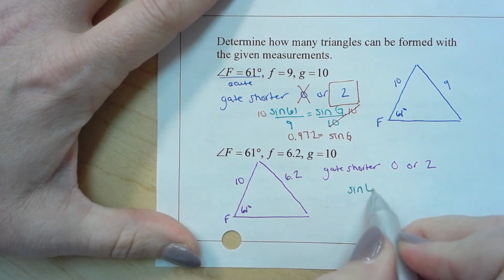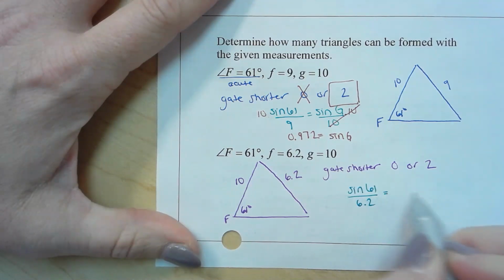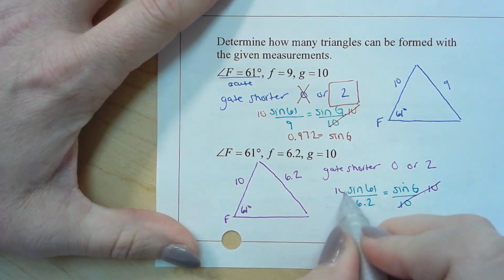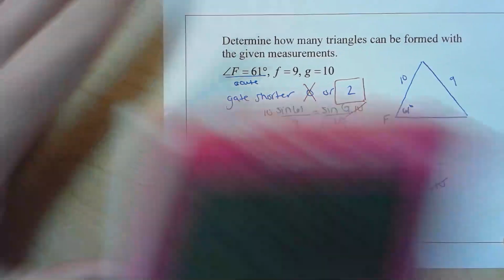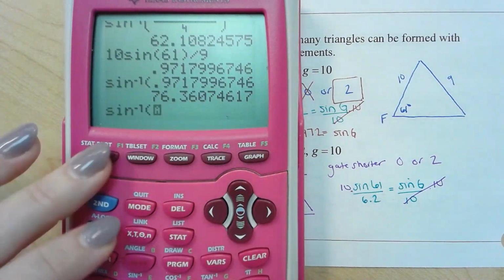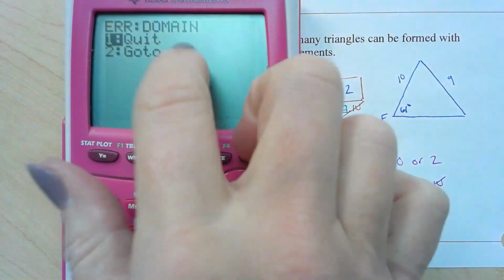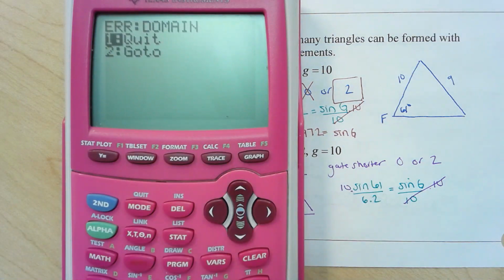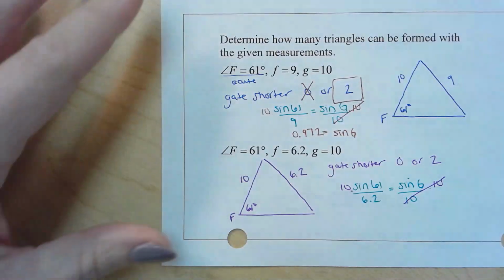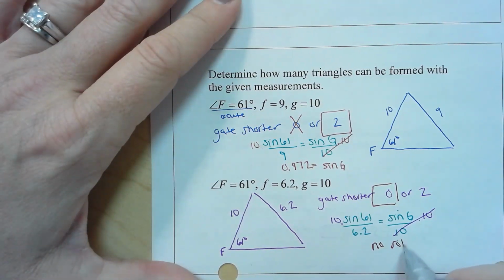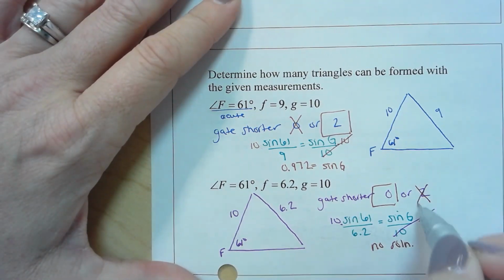I'm going to say the sine of 61 over 6.2 equals the sine of G over 10. And so I'm going to grab my calculator and type in the inverse sine of 10 times the sine of 61 all over 6.2. And look at that, it spits out an error. And because it spit out an error, I know that there are 0 triangles, not 2.